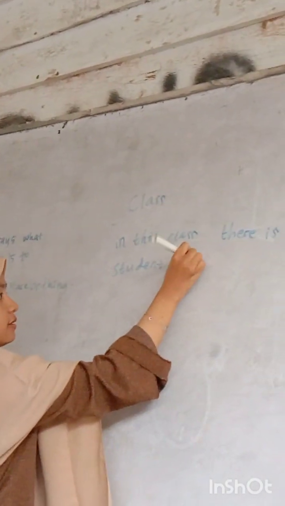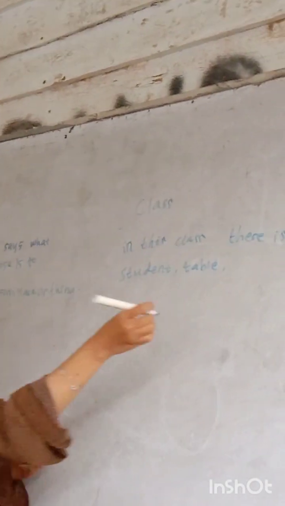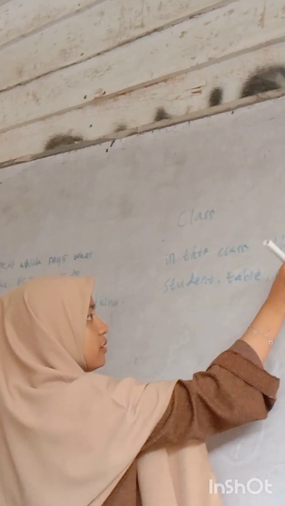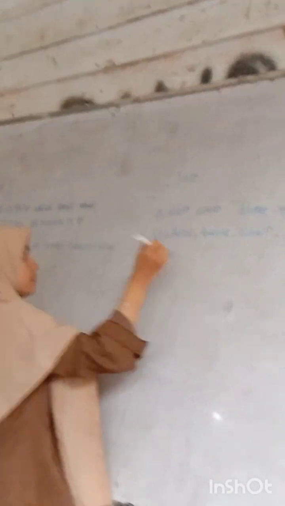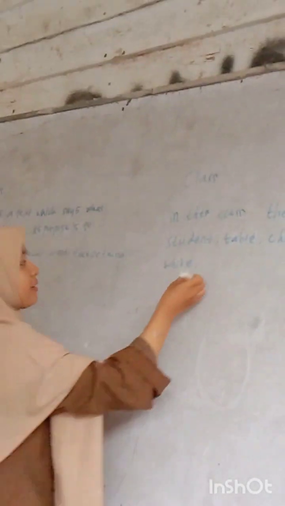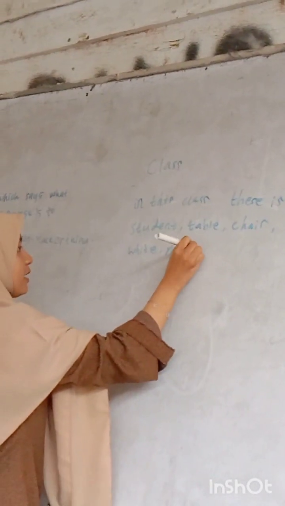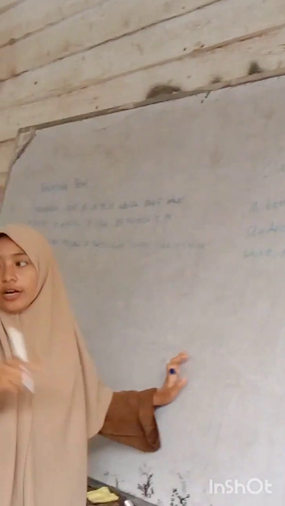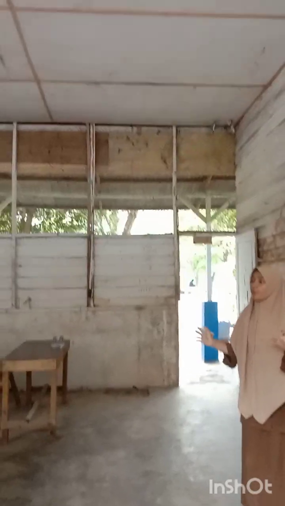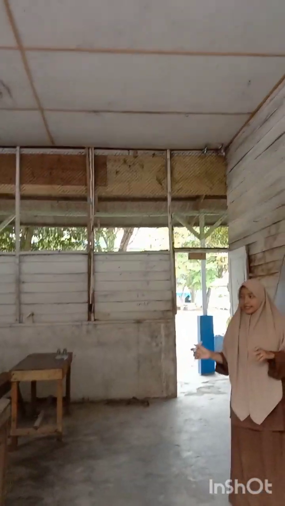Table, and then chair, pen, book, whiteboard, and then marker. Okay. That is the way how you describe all of what there is in this class.